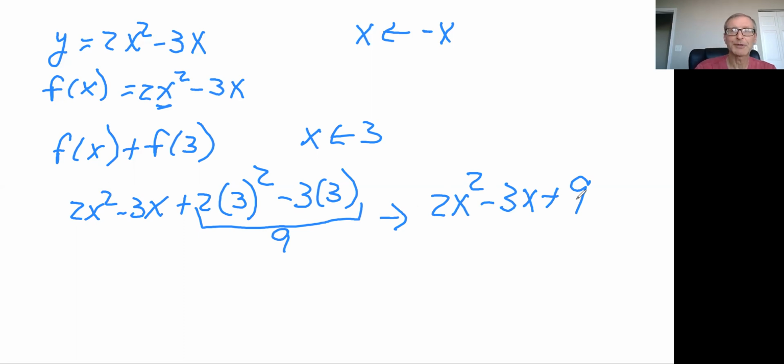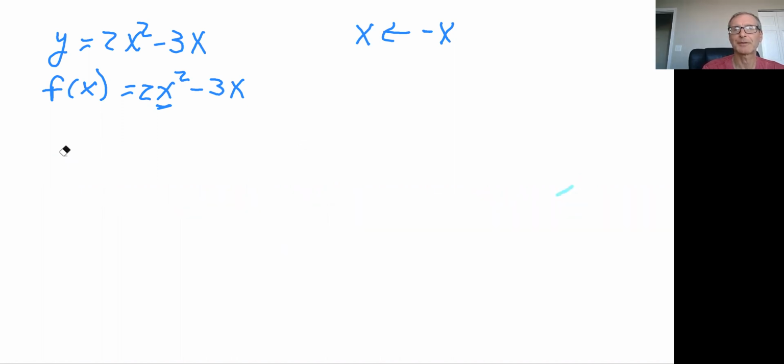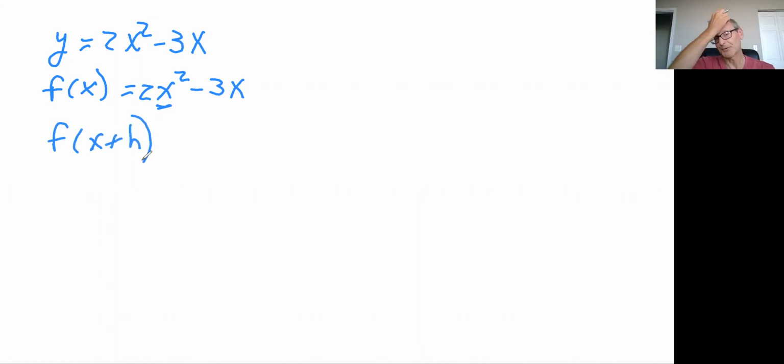So the last one we're going to do, and we're going to talk about this quite a bit more in the next lecture, this one's probably one of the more complicated ones, but say like we did this. F of x plus h. And you'll see there's a little method to the madness when we talk about difference quotients, which is the next lecture.